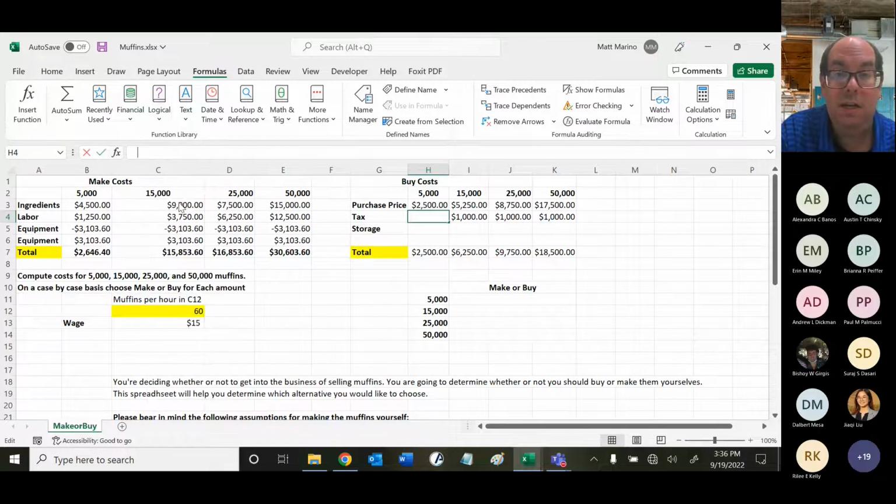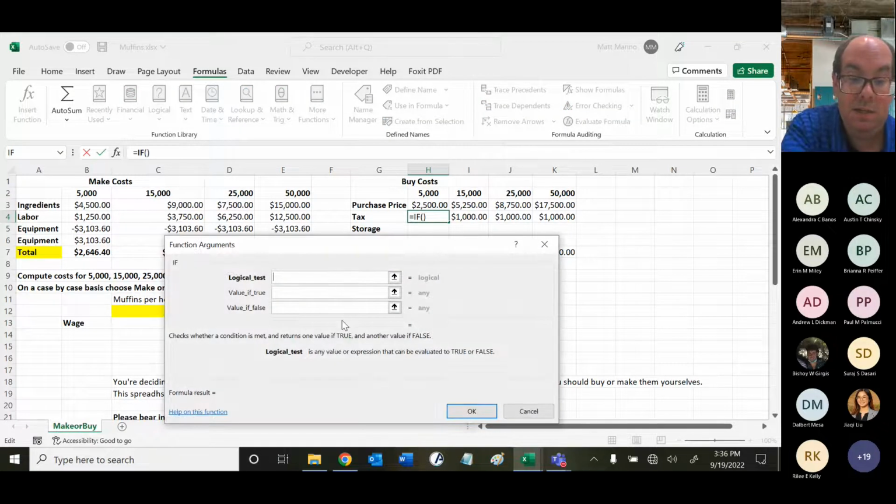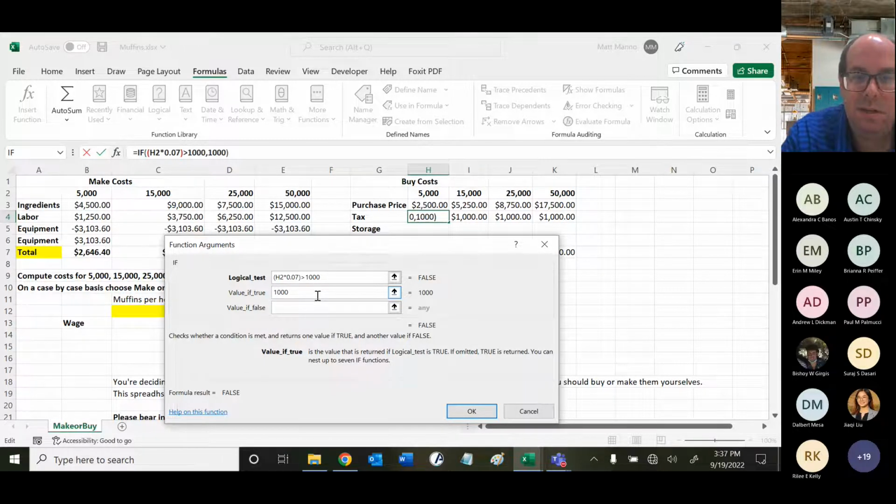So we can do an if formula. If H2 times 7 cents is greater than 1,000, then 1,000, right?